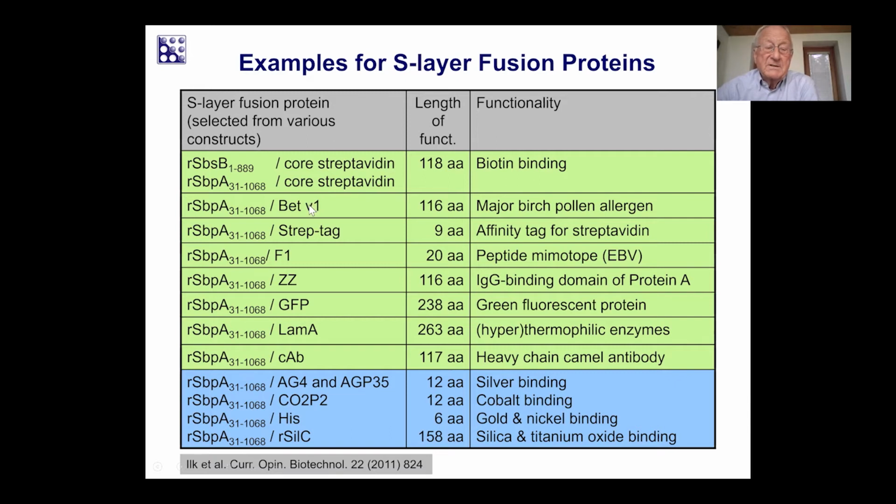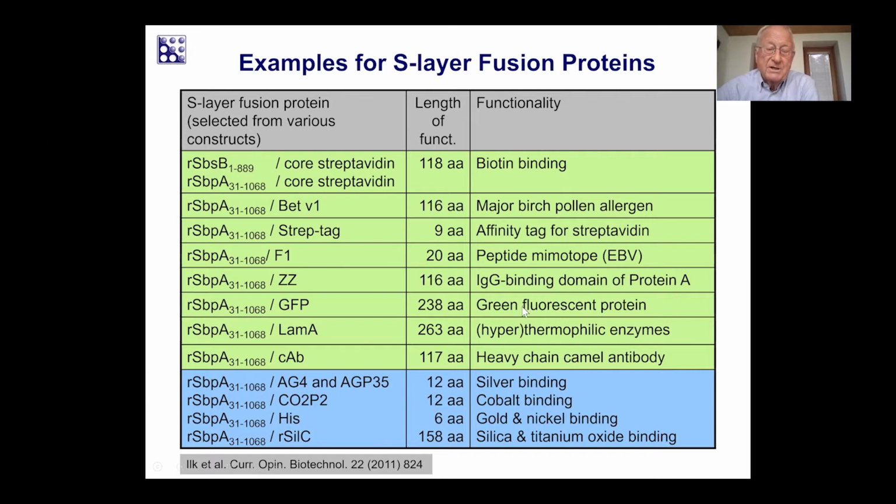This was an interesting example. We used S-layers for immunological experiments with allergy, development of allergies. It's the Bet v 1, the major birch pollen allergen, Strep-tag, a short peptide, then peptide mimotopes, for instance, of Epstein-Barr virus, then the IgG binding domain from protein A, the same is also used for protein G, and different fluorescent proteins.